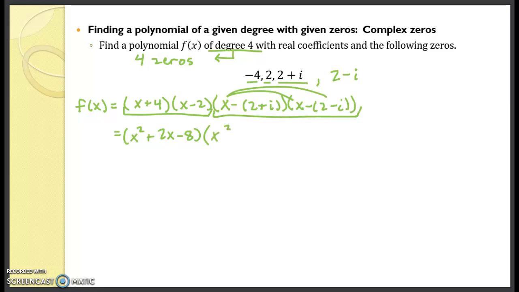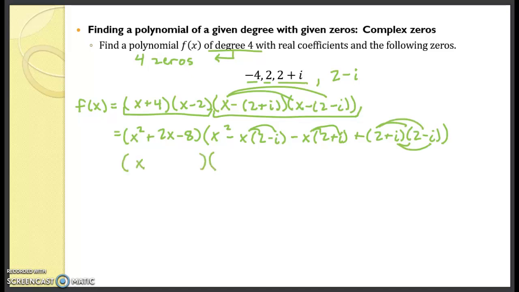So this is x squared minus x times 2 minus i, minus x times 2 plus i. Remember, I'm doing the double distribute thing, plus 2 plus i times 2 minus i. So now we can multiply these x's through and then double distribute here. And this portion stays the same, x squared plus 2x minus 8.